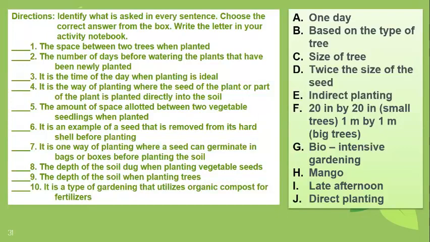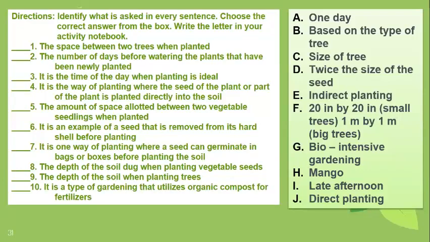So number 1, the space between two trees when planted. 2, the number of days before watering the plants that have been newly planted. So decide on your answers from the box.